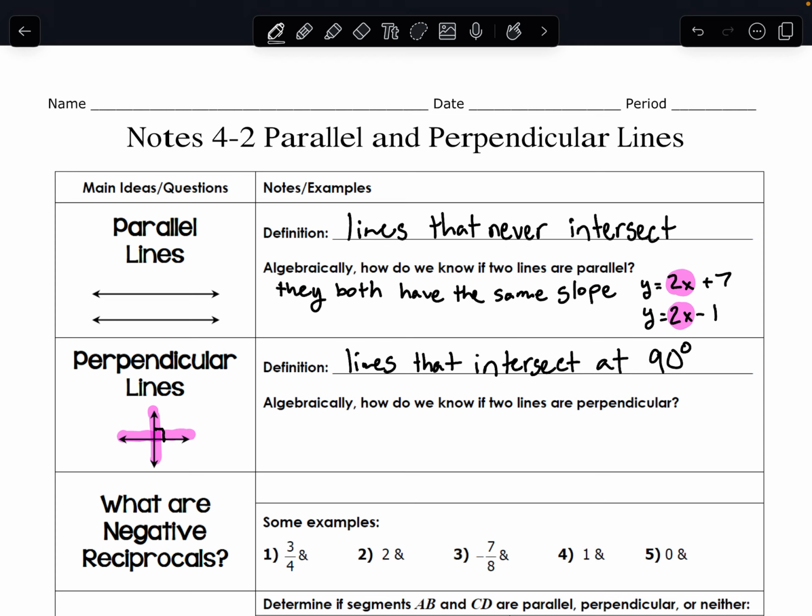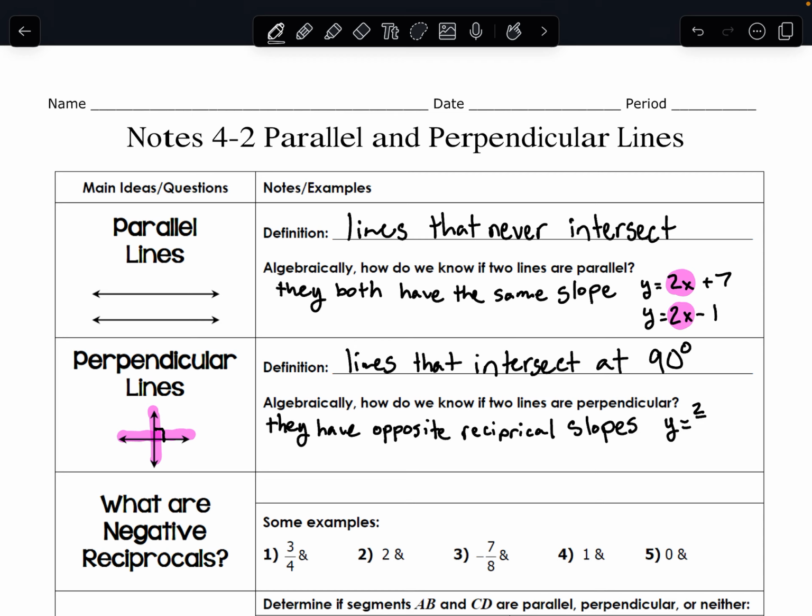Algebraically, we can see that they have opposite reciprocal slopes.